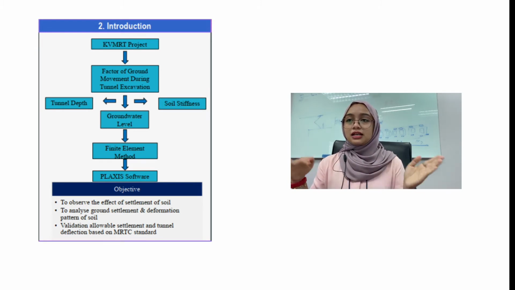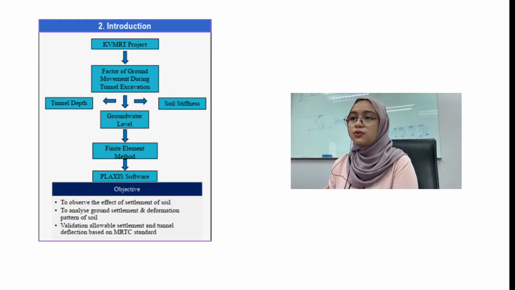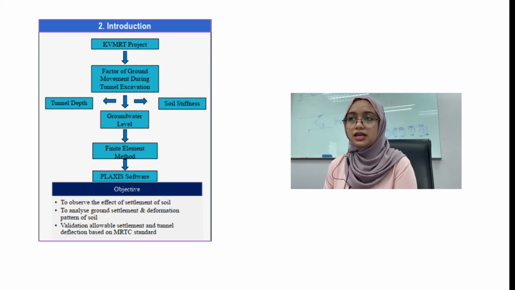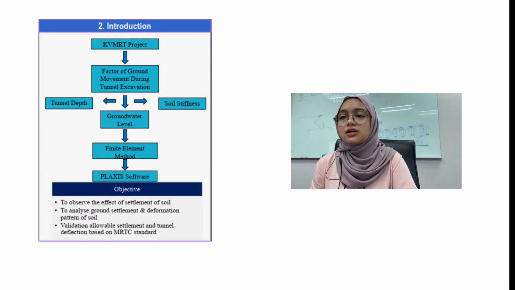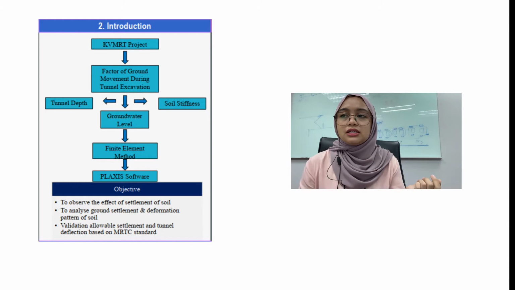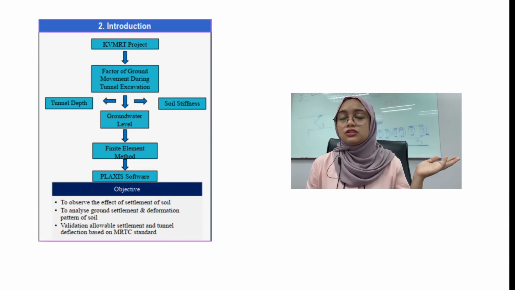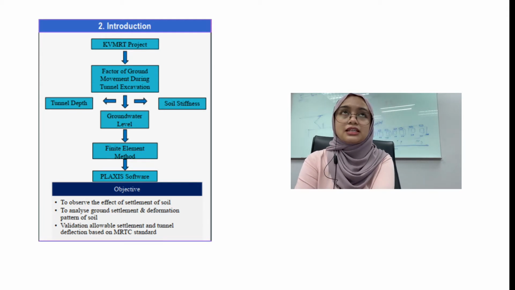So the total alignment in Putrajaya Line is 57.7 km with 44.2 km elevated track and 13.5 km underground tunnel. So as I said before, the underground alignment in Putrajaya Line will traverse through Kuala Lumpur Limestone, Granite, and Kenny Hills formation.